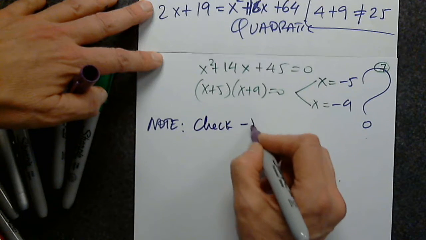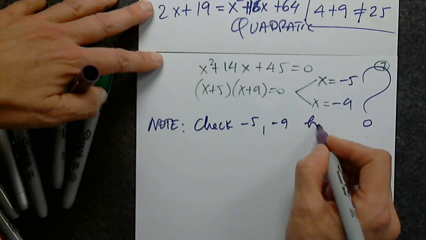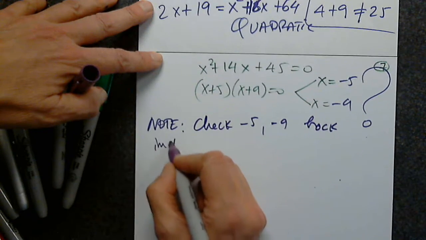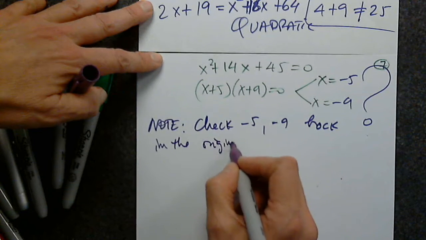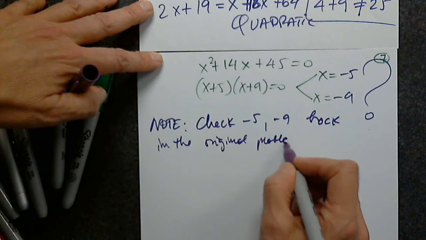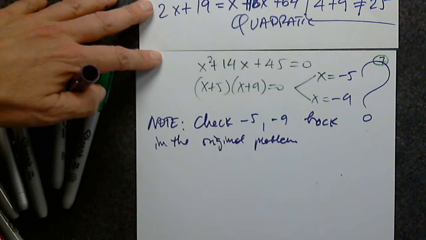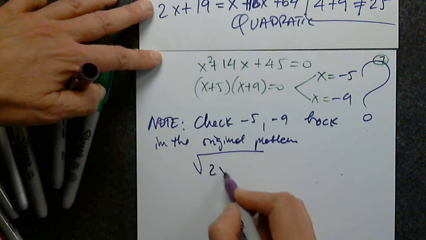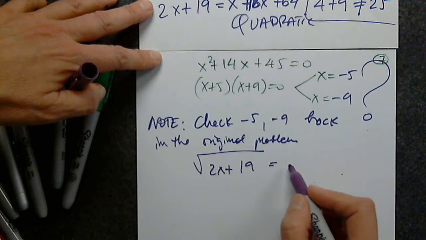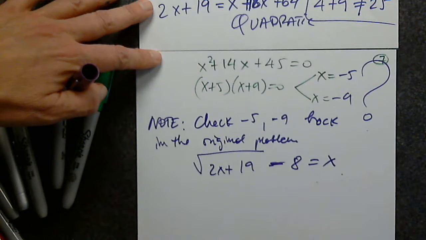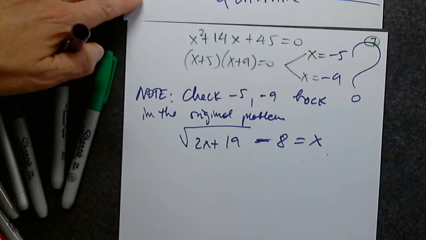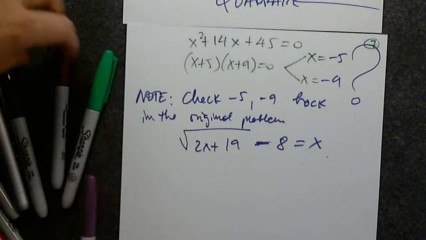Check -5 and -9 back in the original problem. So this was the original problem. If they work, fine. If they don't, then I have to exclude those. So I'm checking -5 first.